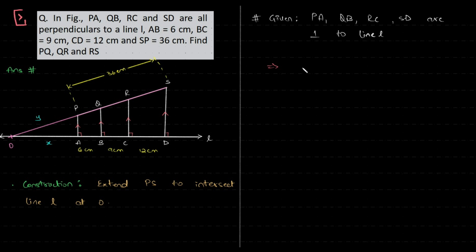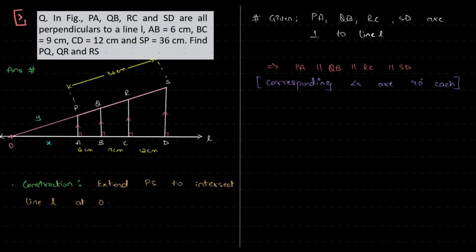We can infer that PA is parallel to QB, which is parallel to RC, which is parallel to ST. The reason being, corresponding angles are 90 degrees each. Is it not, guys? So you can see 90, 90, 90, 90.